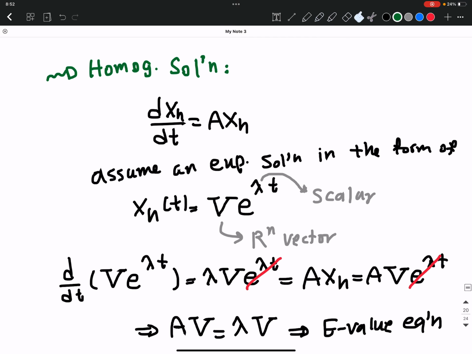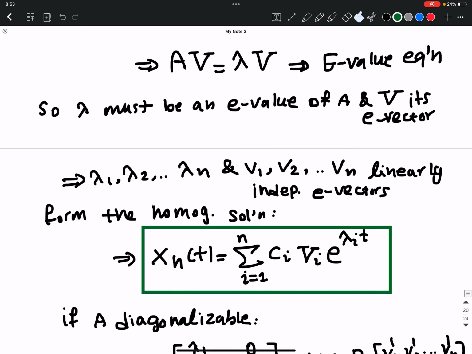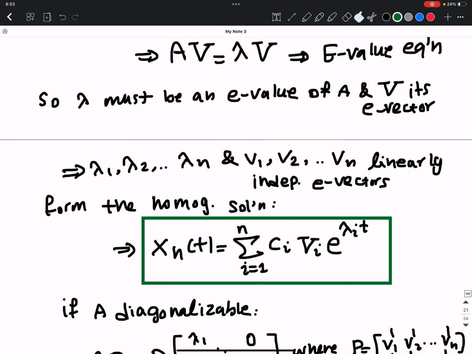So I will solve for this. In order to solve it, I assume that the matrix X has an expression in the form v e to the lambda t, and then when I substitute it back, I got a very nice property which gave me back the eigenvalue equation. So I found that the homogeneous solution would be just the sum of the eigenvectors times e to the lambda i t, where lambda is my eigenvalues.